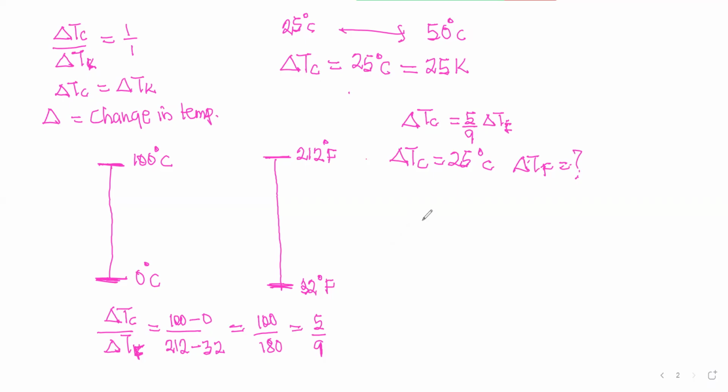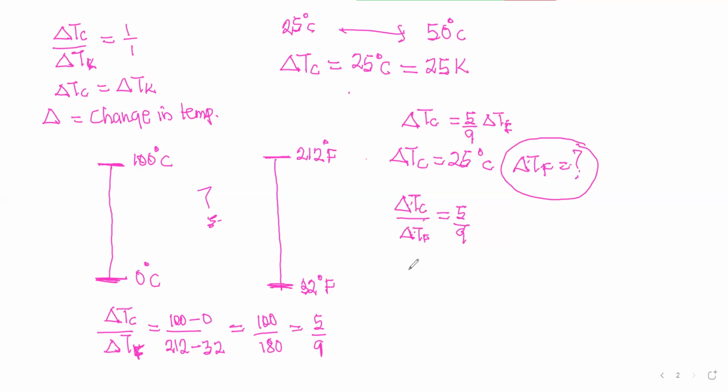Okay, so what you must know is this: delta TC over delta TF. If you forget this, you can use it to extract the relation. The ratio is 5:9. So since I'm giving the change in temperature on the Celsius scale to find the corresponding change on the Fahrenheit scale, I need to make delta TF the subject.